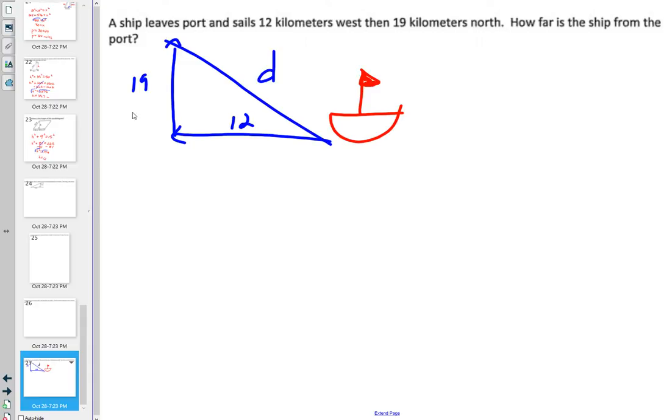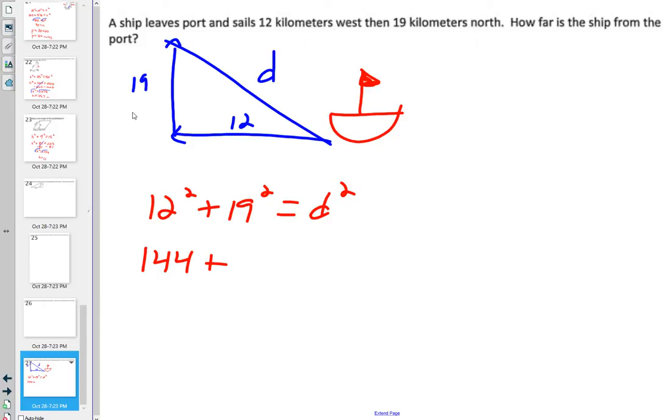Which side of the right triangle are we looking for? Good. 12 squared plus 19 squared is equal to distance squared. 144. What distance? A leg? No, man. Distance is a straight line.